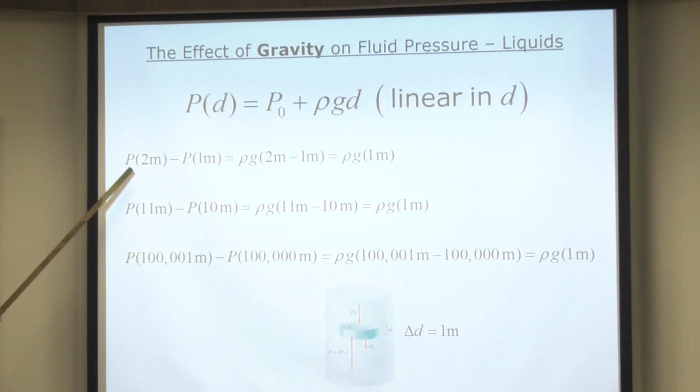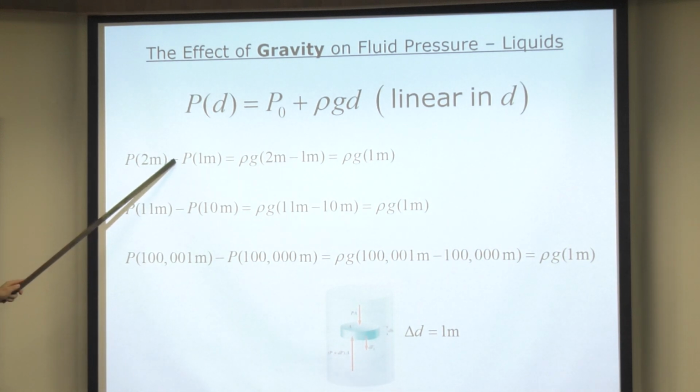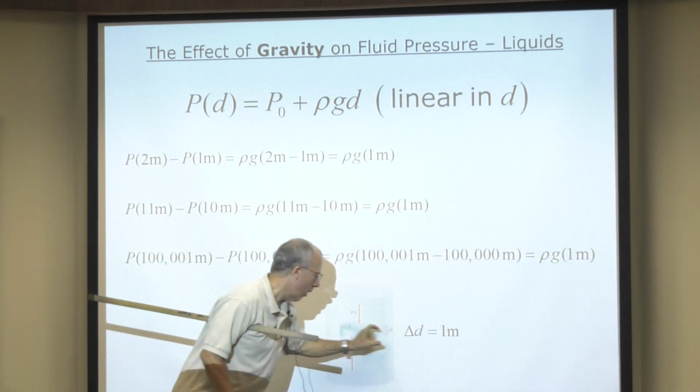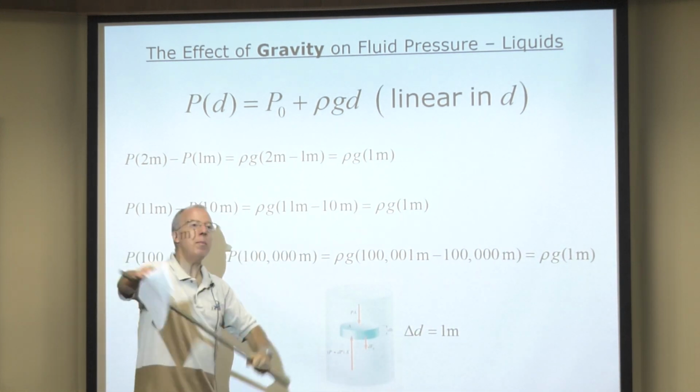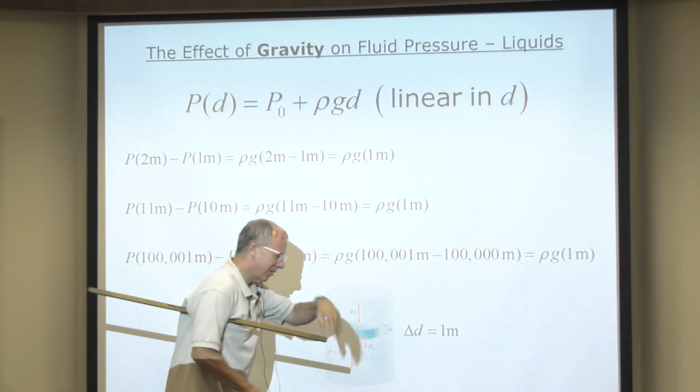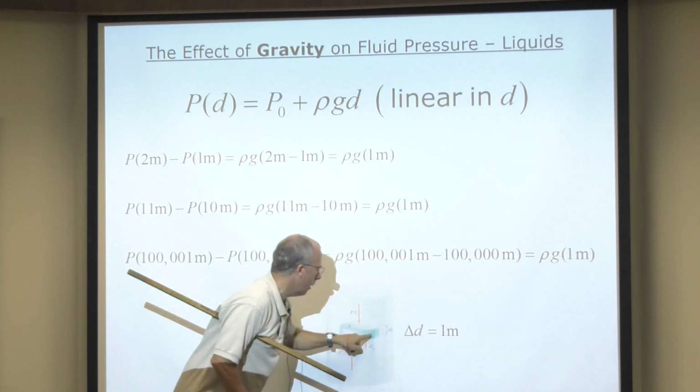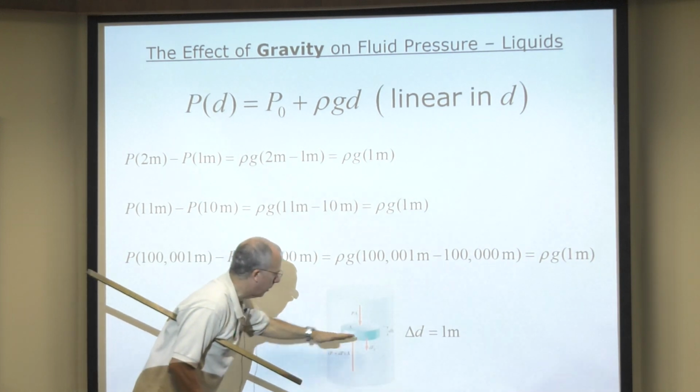Okay, let's say that we want the pressure at 2 meters minus the pressure at 1 meter. So we have some object, right? It's 1 meter, 1 meter, okay? These numbers I'm just making up, but it's true. So the delta d is 1 meter, right? So it's 1 meter from the top to the bottom.